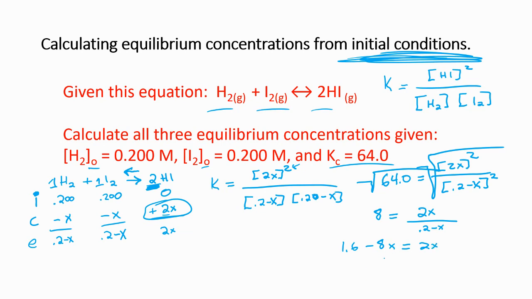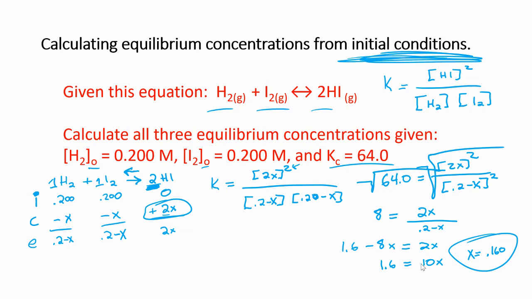Then I'm going to bring 8x to the other side. I get 1.6 equals 10x. Then I'm going to divide by 10. I get x is equal to 0.160. Now, that x value is not the answer to the question.